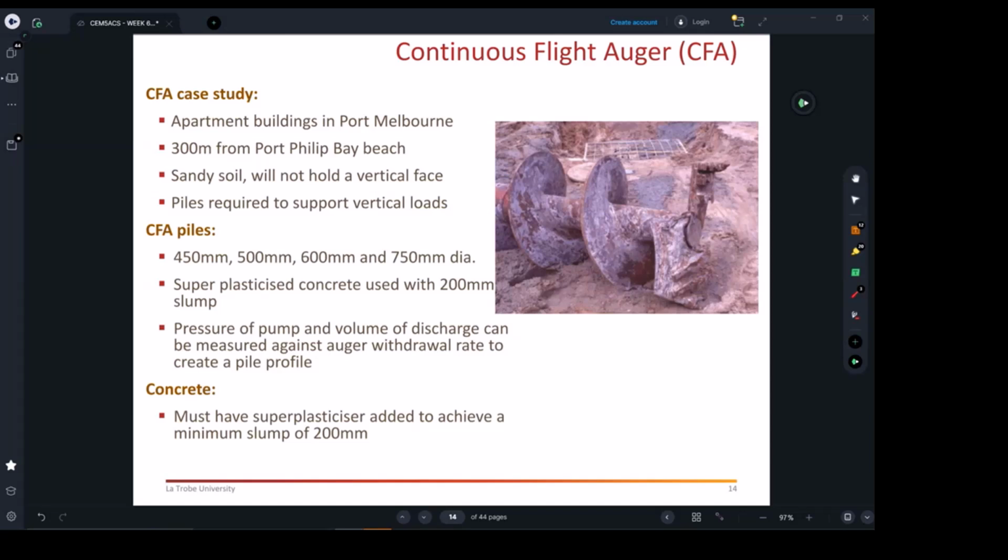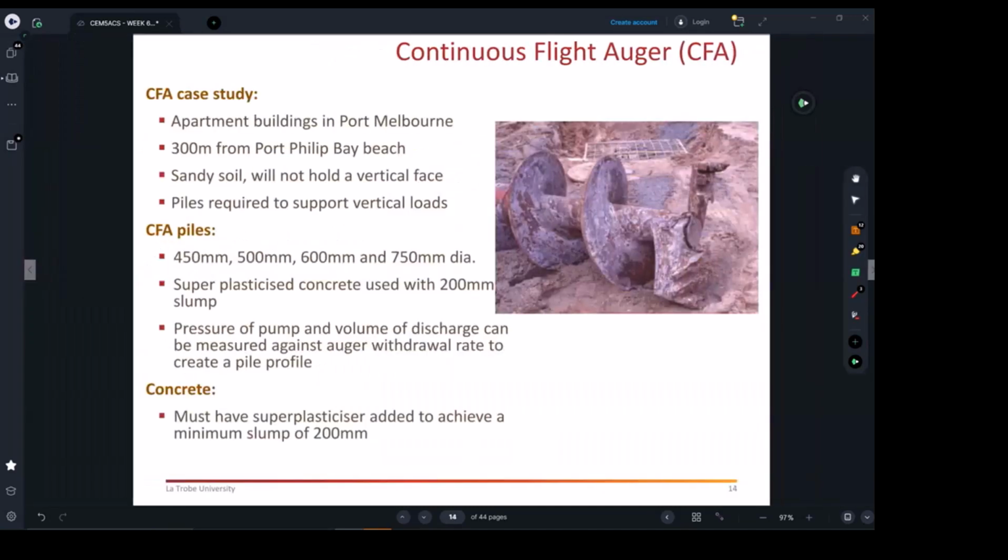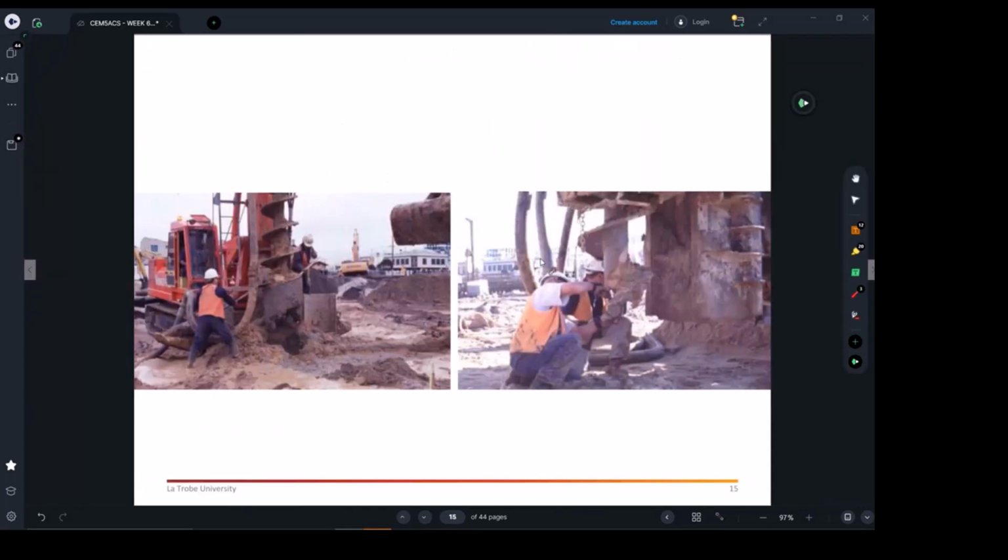Let's meet again at 9:20. Let's have a break because we're already past 9. A break of about 6 minutes, and then we continue talking about the CFA.